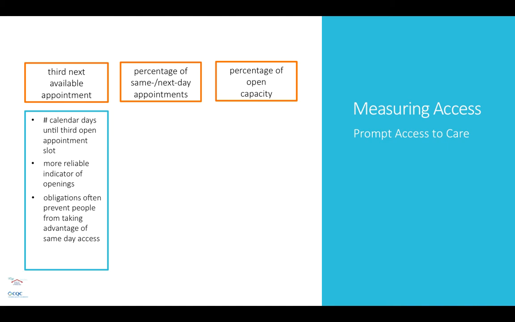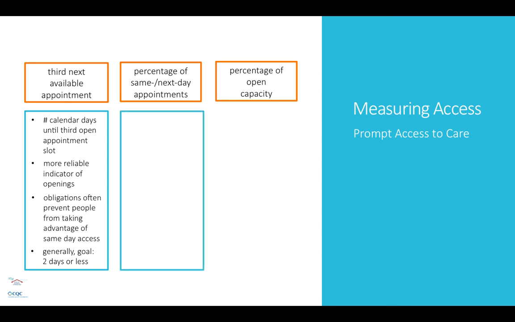While there are no hard rules, a third next available appointment of 2 days or less is a goal worth aiming for, though hard to achieve. The percentage of same or next day appointments refers to the percentage of slots available to be filled on the day of the visit or one day before.